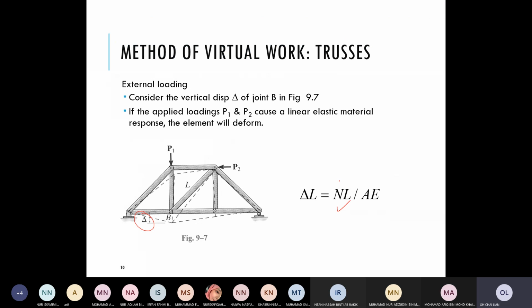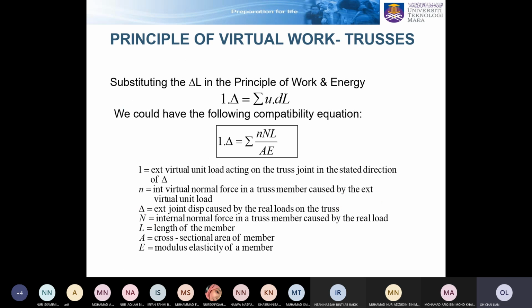Because this is one of the procedures in the virtual work method, where you need to analyze two different systems: one is the real system and one is the virtual, imaginary system. So this N is the axial force.